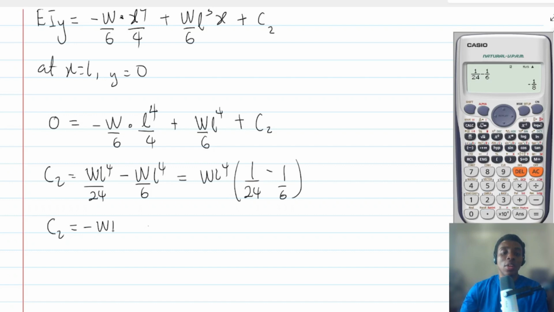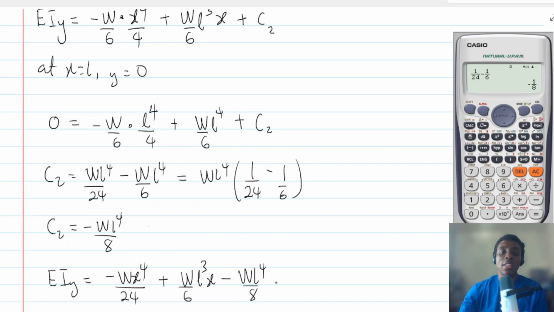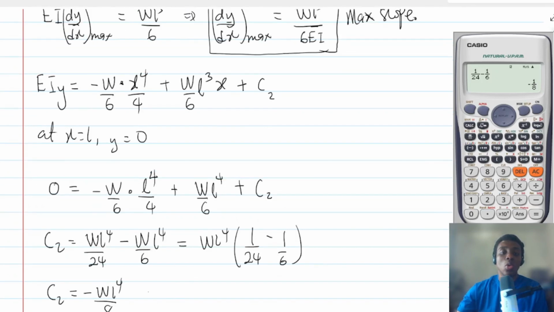So C2 is minus WL to the power 4 over 8. We go back into the equation: EIy equals minus w over 6 times x to the power 4 over 4, which is 24, plus w over 6 L cubed x, minus WL to the power 4 divided by 8.